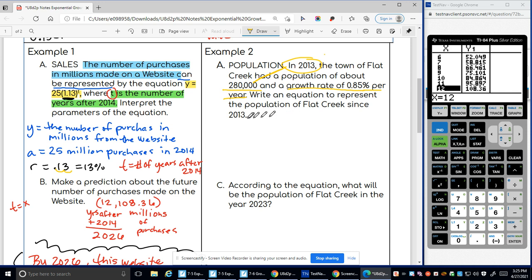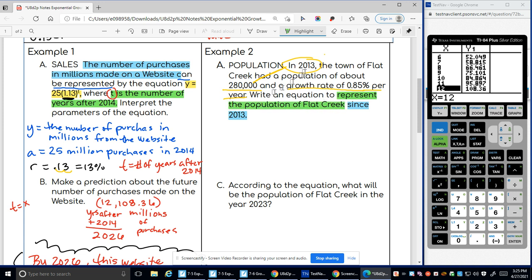We want to write an equation to represent the population of Flat Creek since 2013. Okay, a couple of things that are important there. Number 1, since 2013. That's probably an indication that's going to help me understand my initial, right? And it'll be important for the other things. The other thing is we want an equation to represent the population of Flat Creek, right?